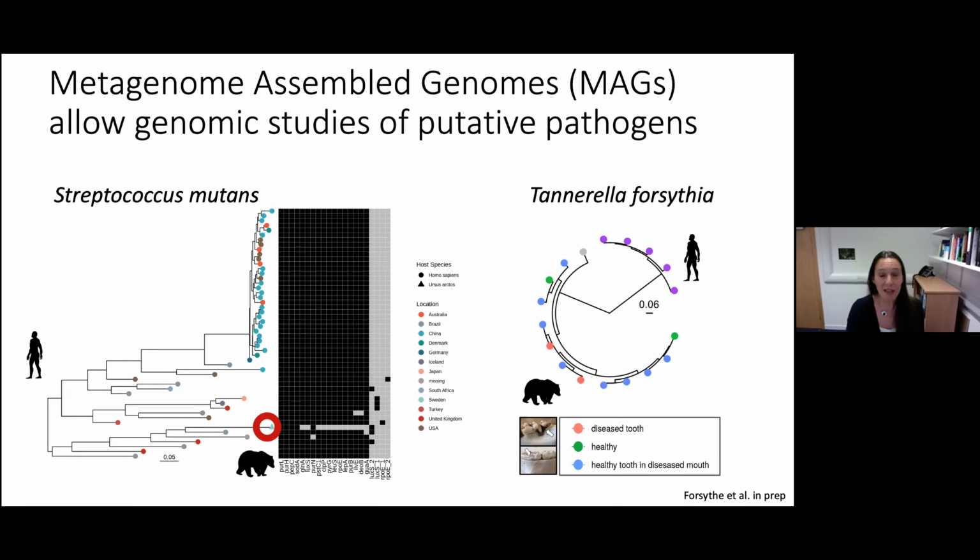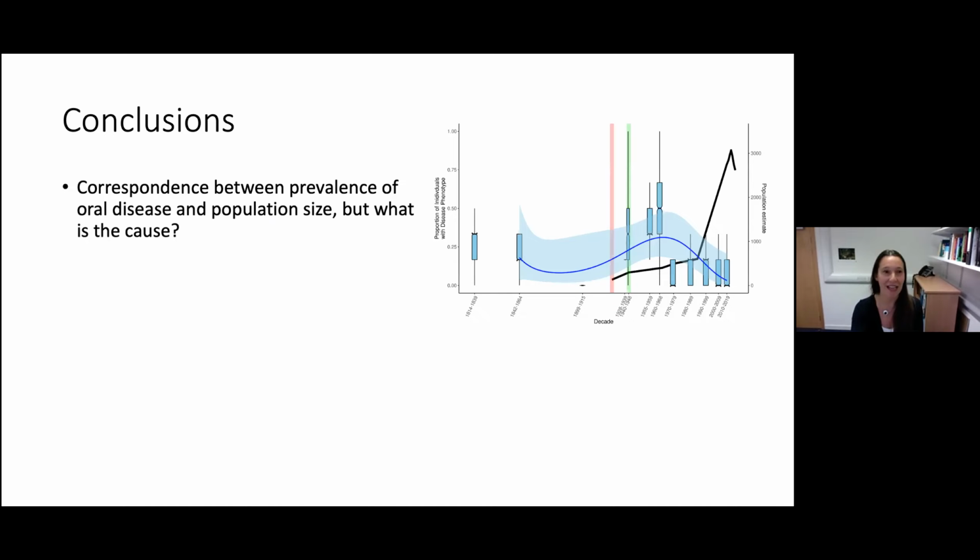Again, as I mentioned, this is very much work in progress, and we're very much in the beginning of this. But what I think we can see from these first set of analyses and thinking is that there seems to be a correspondence between prevalence of oral disease and population size in bears. What we're struggling with trying to understand is what is the cause?